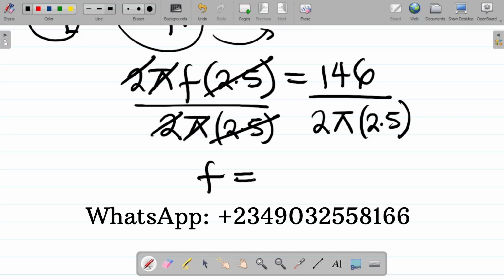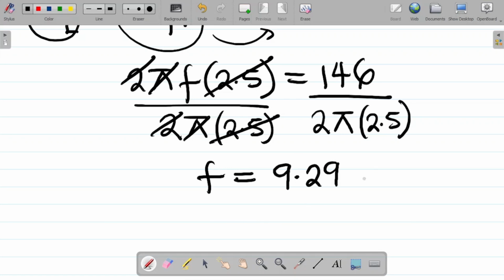If I do this, the value of the frequency f is equal to 9.29. Frequency is measured in hertz. So my answer is 9.29 hertz.